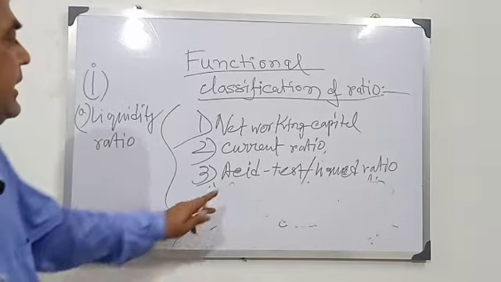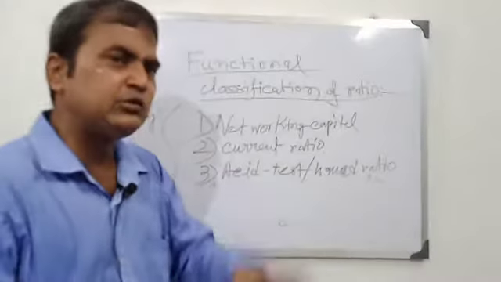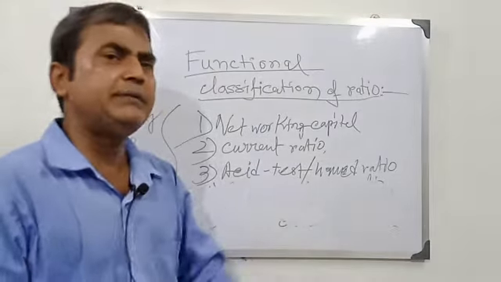Now, acid test ratio. If we put acid onto metal, hydrogen evaporates quickly.